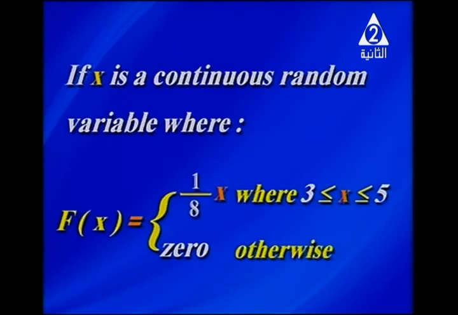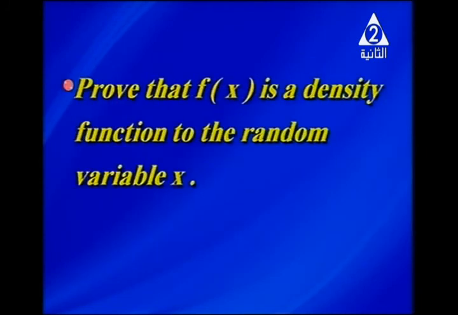F of x has two branches. The first branch is 1 over 8x, where x is between 3 and 5, and 0 otherwise. Then what is the required? Prove that f of x is a density function of the random variable x.